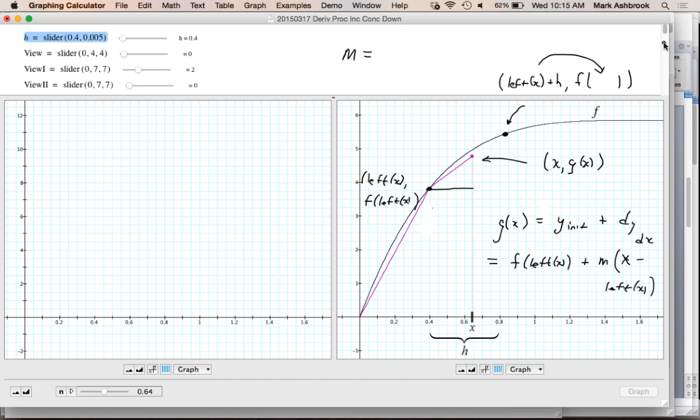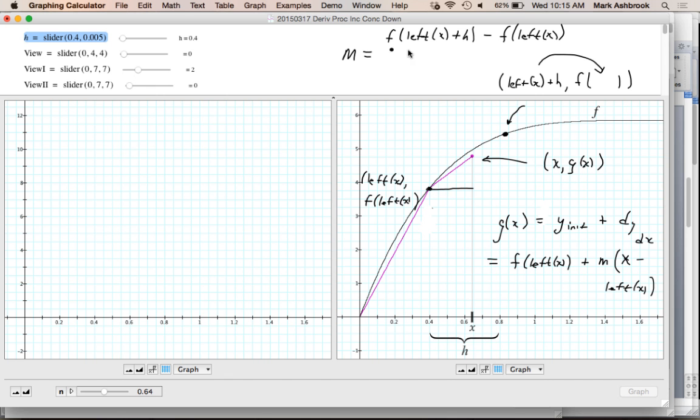We've got the starting point and the finishing point. What do we do to get the constant rate in this interval? Yes, ma'am. f of left x plus h, so y final, minus y initial gives us the change in y, right?